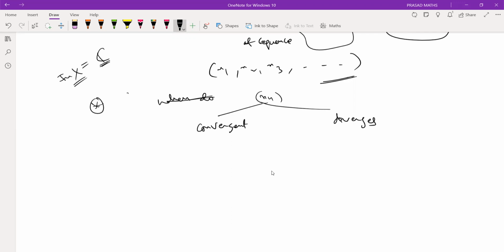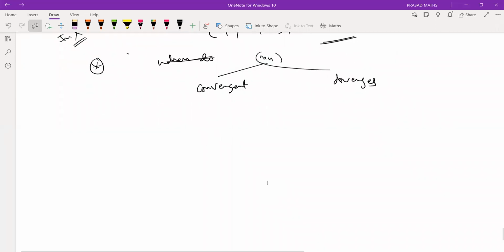Because actually, we are working in an arbitrary metric space. In general, there is no order. Suppose you take C, it's not a partial order with respect to the usual order; we cannot compare two complex numbers in general. So generally we deal with convergent and divergent sequences. So what do you mean by a convergent sequence? What is the definition?